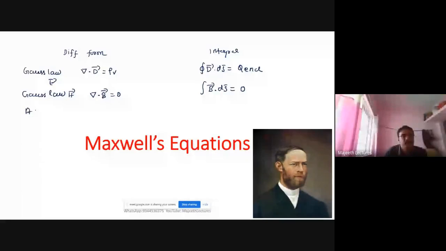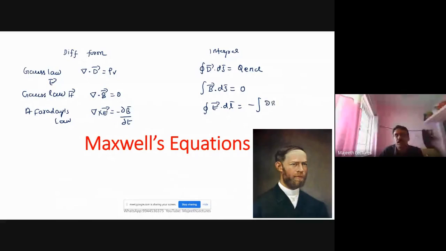Faraday's law is del cross E is equal to minus dB by dt. Here closed integral E dot dl is equal to minus dB by dt dot dS. Right? This is Faraday's law.